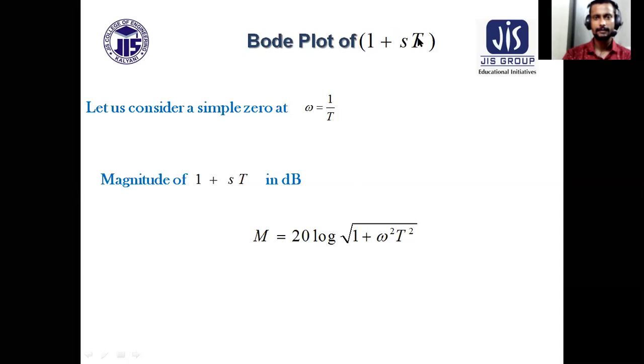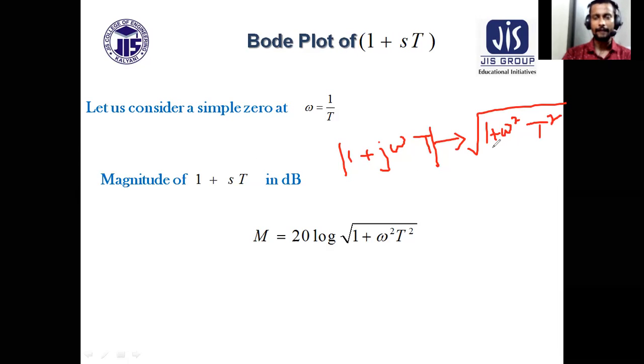See here, 1 plus st could be written as 1 plus j omega t, which would have a magnitude of under root 1 plus omega square t square. This is the magnitude, and magnitude in decibel will be, like the previous case, 20 log under root 1 plus omega square t square.